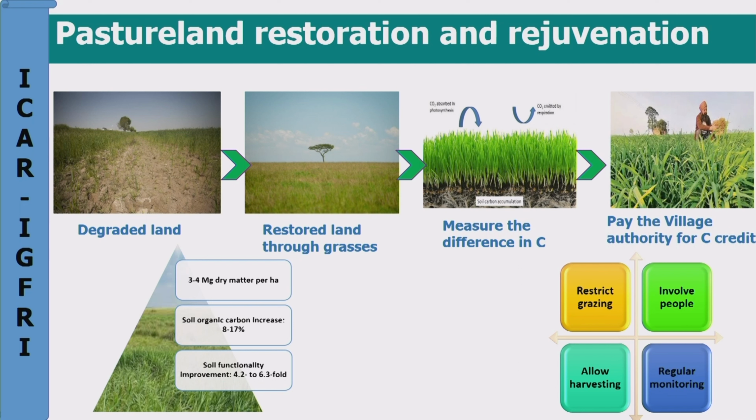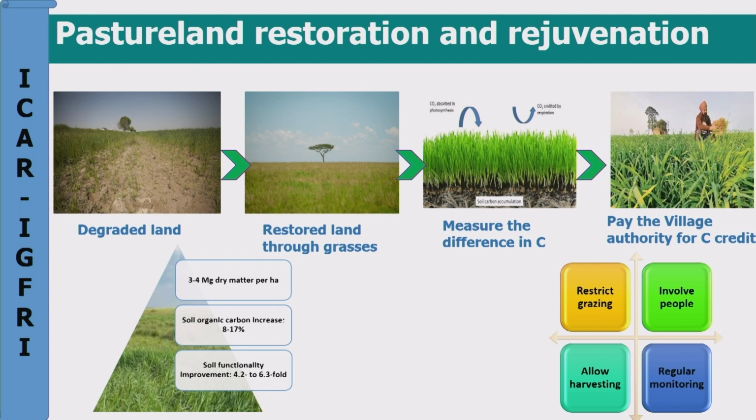And we found that after 3 to 4 years of restoration, grassland restoration has significant potential to improve the biomass production as well as the fodder production, as well as soil organic carbon and soil functionality by nearly 4.2 to 6.3 fold. And the fourth basic principle to improve the restoration we identified is restricted grazing.